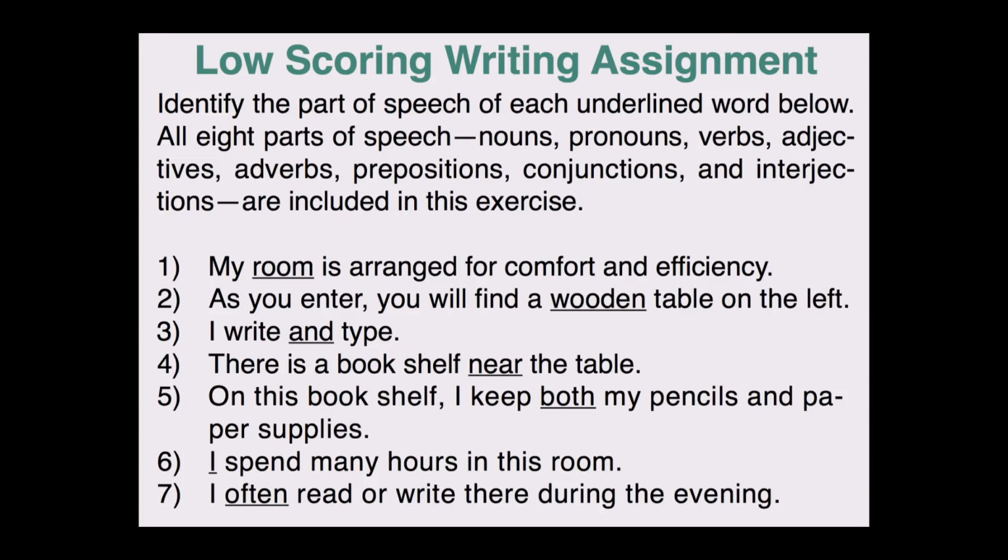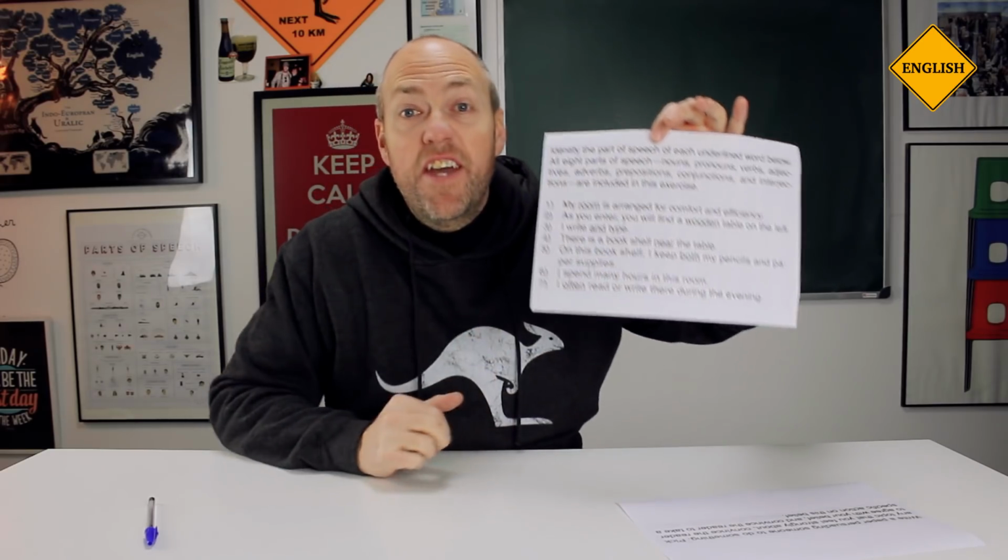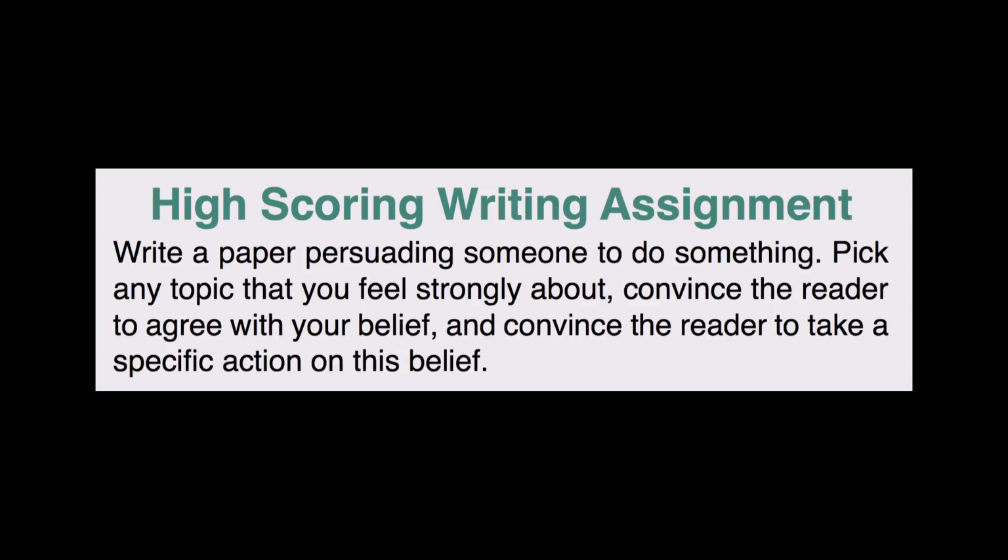Now, a low-quality assignment from a teacher looks like this. Identify the part of speech of each underlined word below. All 8 parts of speech, nouns, pronouns, verbs, etc. Okay, you get the idea. And a high-quality assignment looks like this. Write a paper persuading someone to do something.